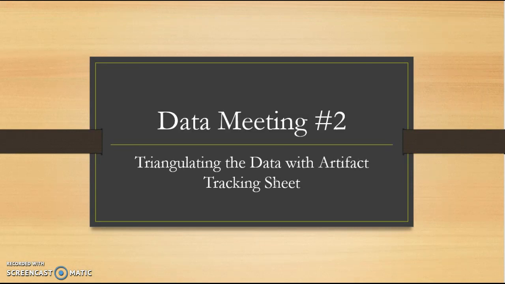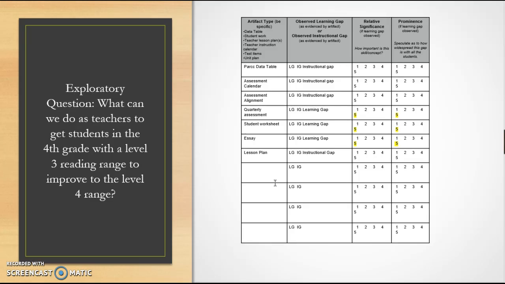Then we moved to data meeting 2, where we were triangulating the data with the artifact tracking sheet. Here's the exploratory question. What we have here is all her artifacts lined up: the parks data table, the assessment calendar, the assessment alignment, the quarterly assessment, the worksheet, essay, and lesson plans, and we decided which one was which.